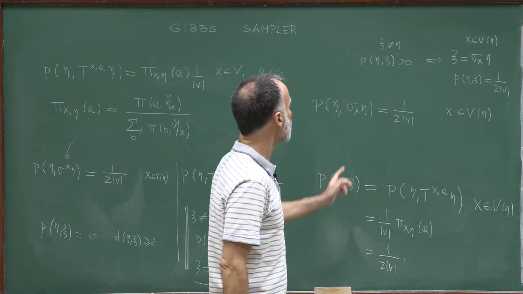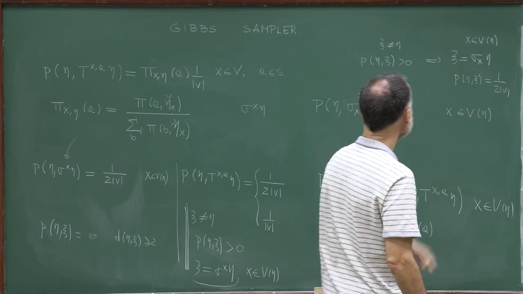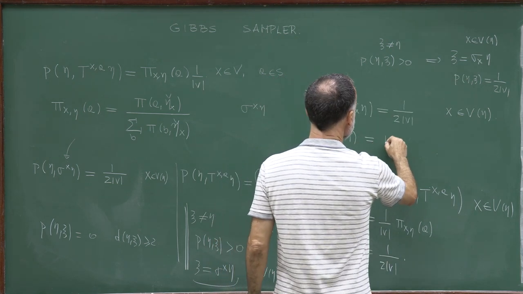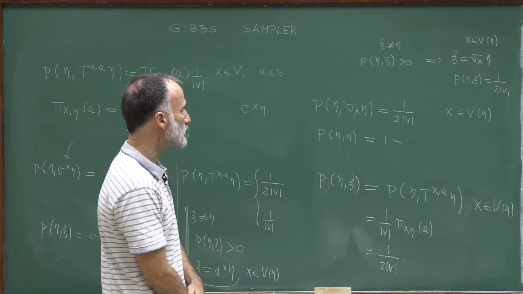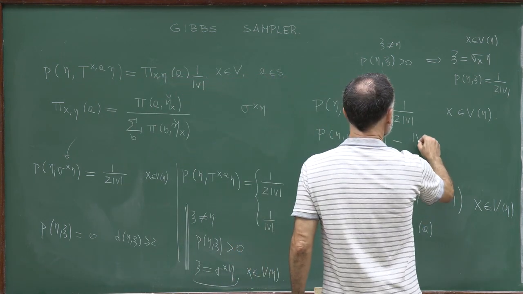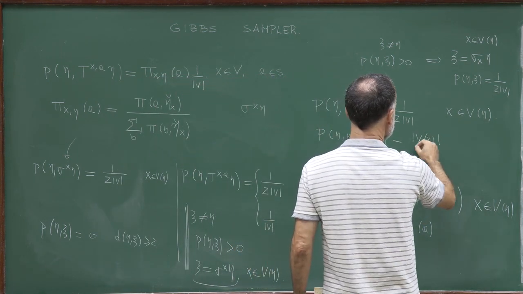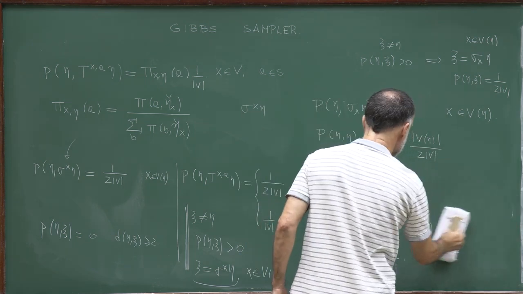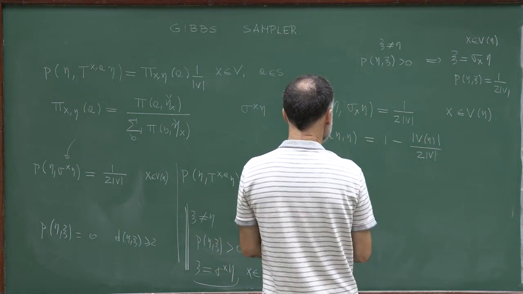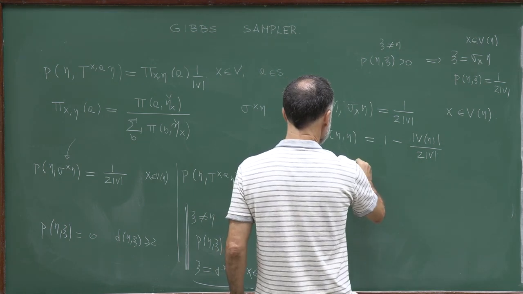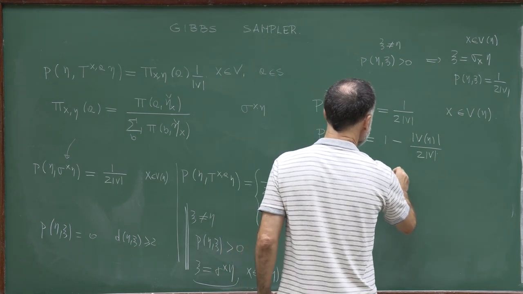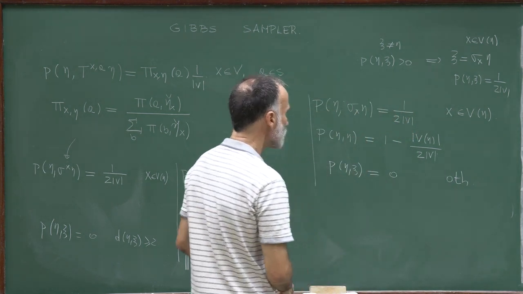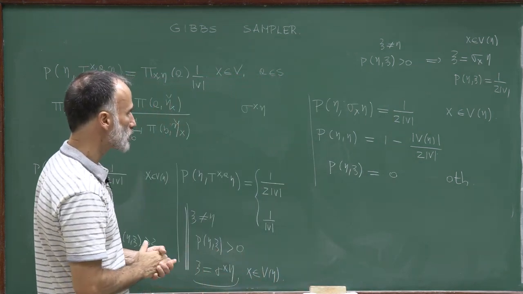So these are the only allowed configurations which are different from eta, and p(eta, eta) is equal to 1 minus the sum of all these probabilities, that is, 1 minus the number of sites in V of eta divided by 2V, and p(eta, psi) is equal to 0 otherwise. And this is exactly the definition of the Markov chain in the case of the hard-core model which I proposed.